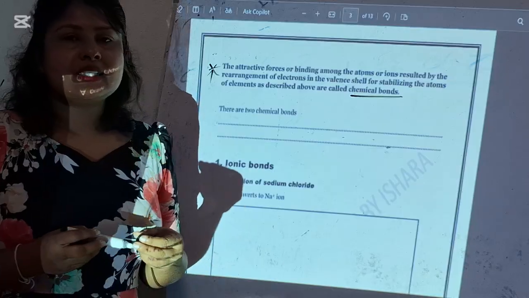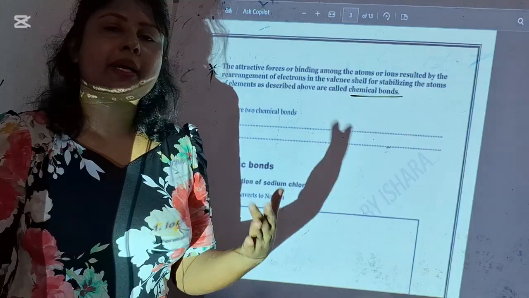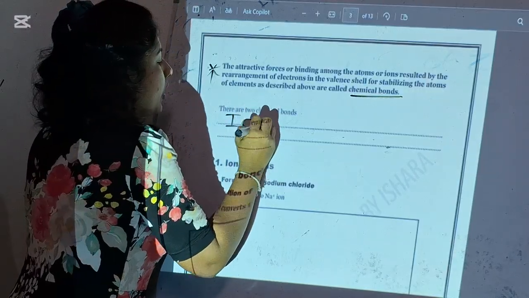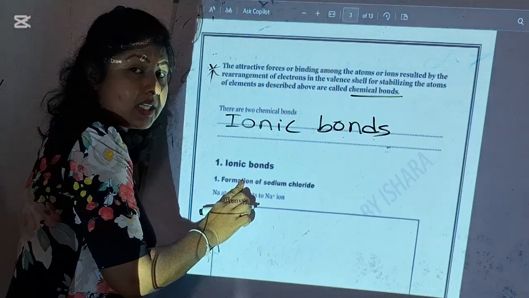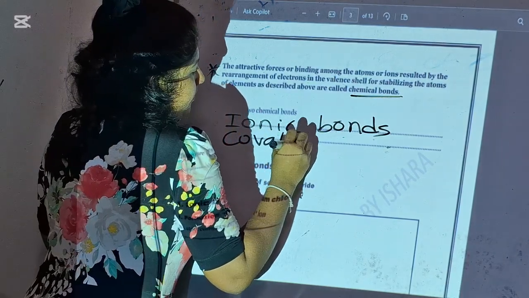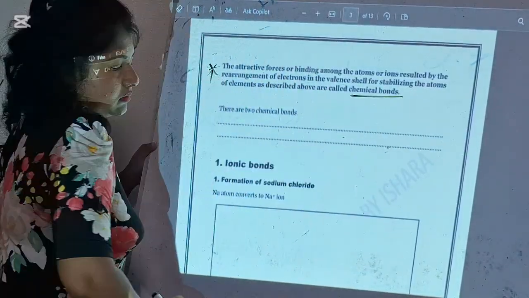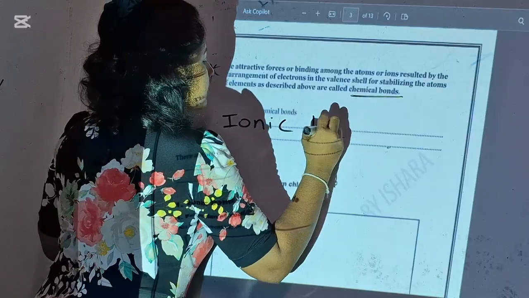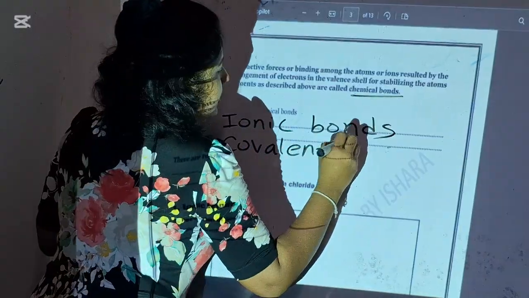If we take chemical bonds, there are two types, as I told you. The first bond type is ionic bonds. The second bond type is covalent bonds.